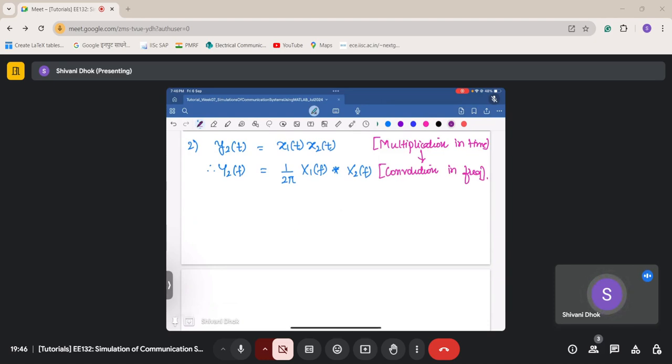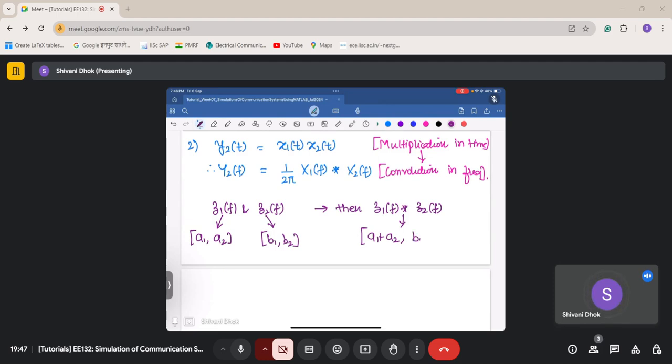If I have two signals, let's say z1(f) and z2(f), and let's say z1(f) is between a1 to a2 and z2(f) is between b1 to b2, then z1(f) convolved with z2(f) will lie between a1 plus b1 to a2 plus b2.